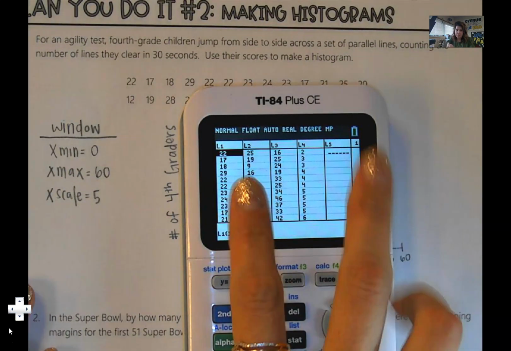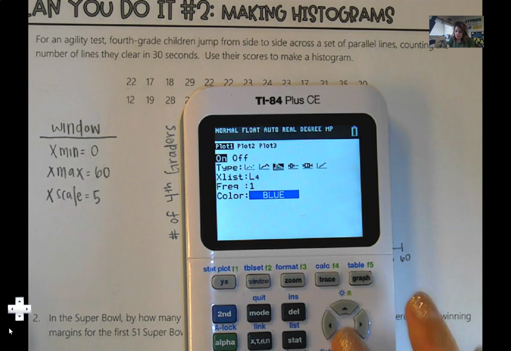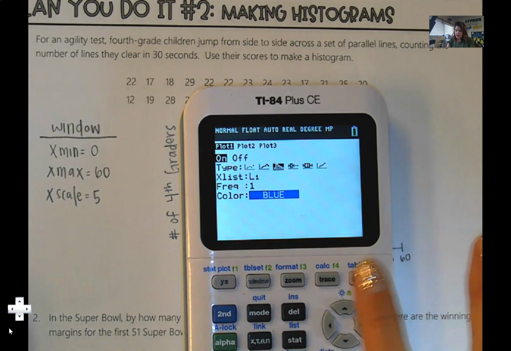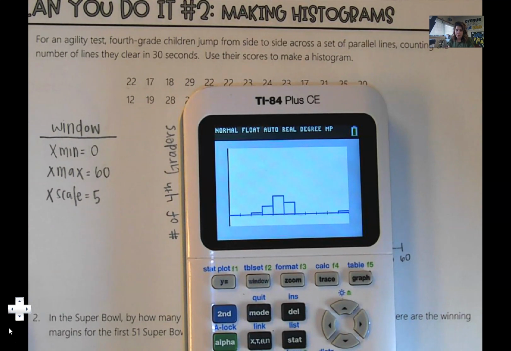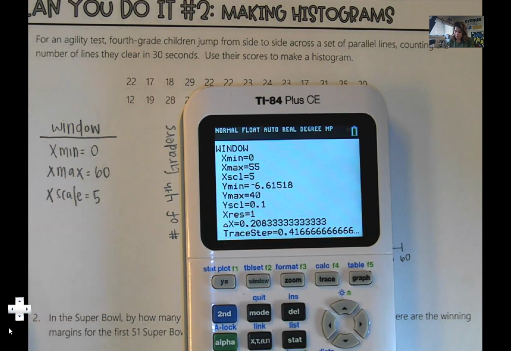This data for me is in list 1. I'm going to go to my stat plot. I'm going to change this to list 1, and I'm going to graph. So my window's a little bit messed up, so I'm going to adjust it to what I have on my paper. 0, 60, 5, that's not right.